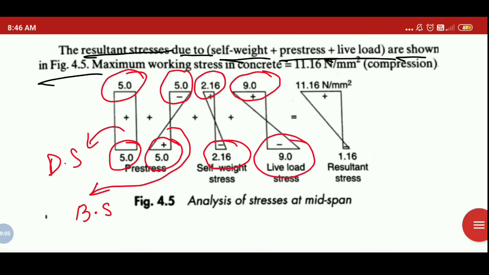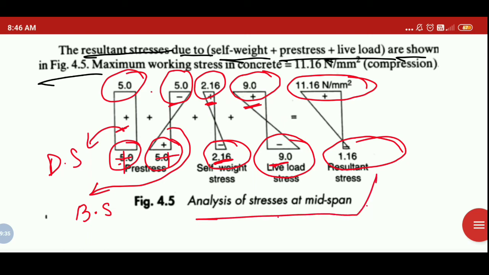And see, this is positive, this is negative, this is positive, this is positive, and summing all of them we got the resultant value 11.16 Newton per mm square. And here this is positive, this is positive, this is positive, this is negative, this is also negative, and we got the resultant stress at the bottom. This is actually the answer of our question.